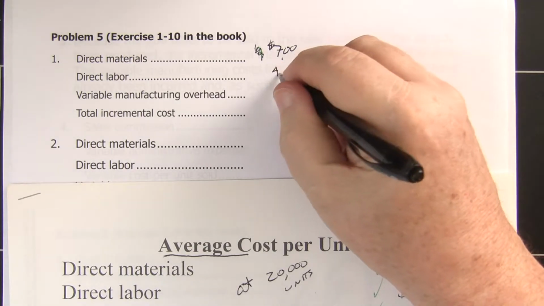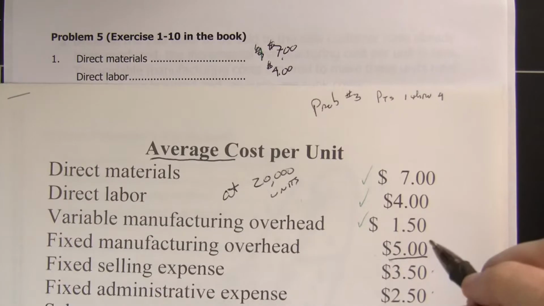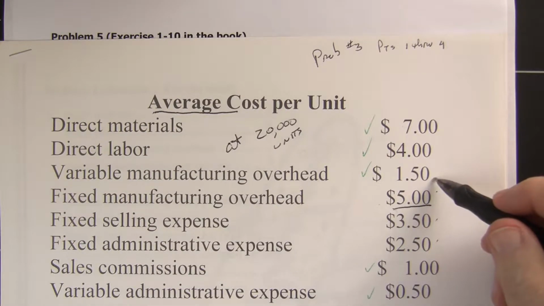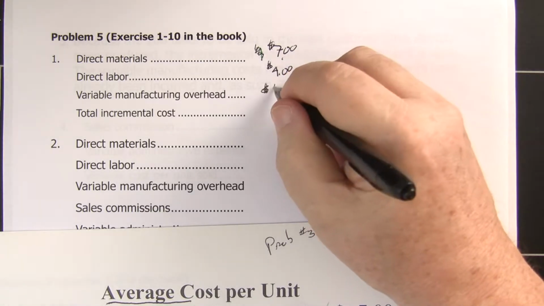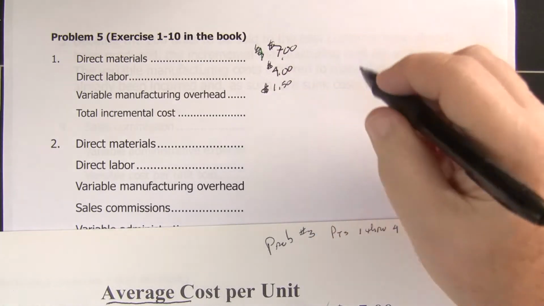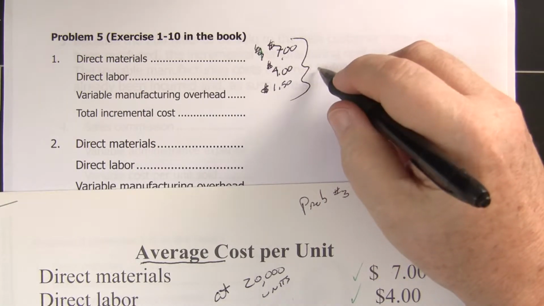That's $4. And we're going to need the variable manufacturing overhead. They're all the costs that vary by making more units. Making, not selling, making more units.